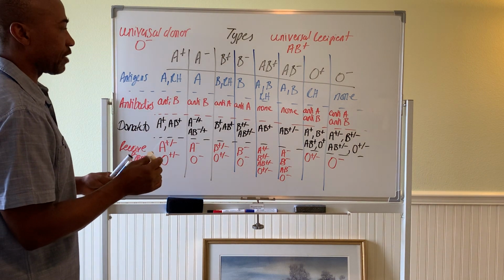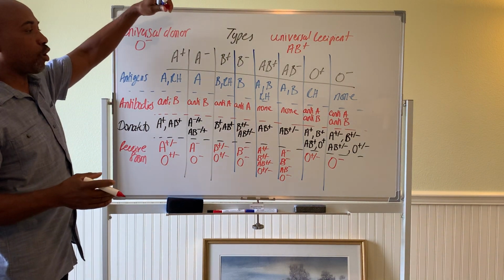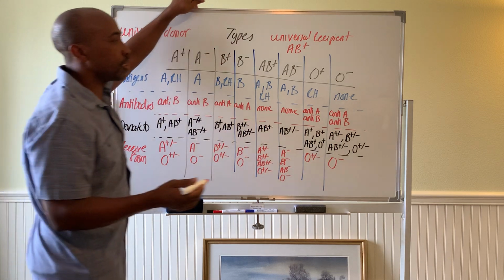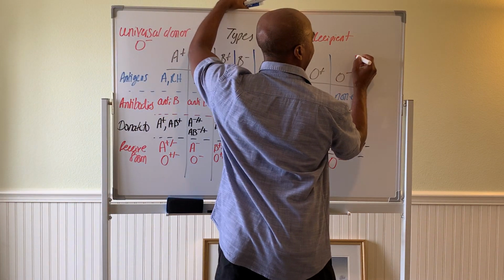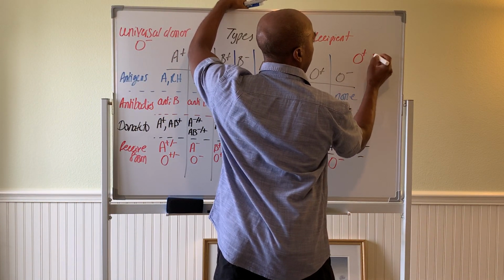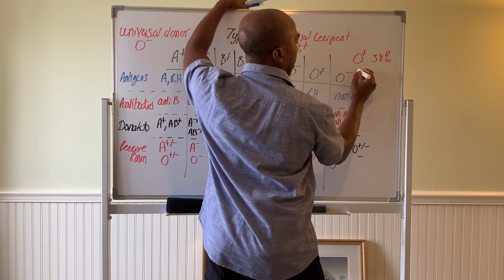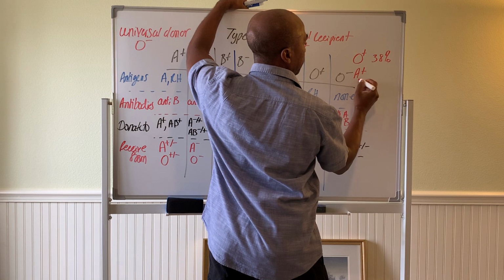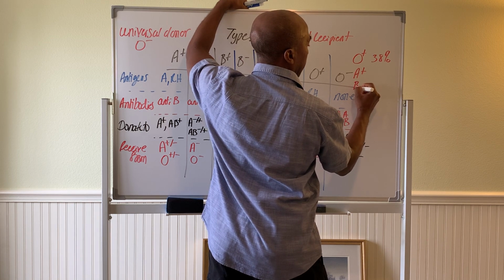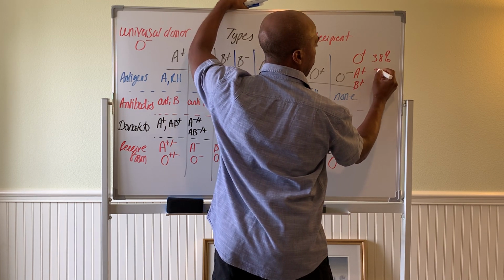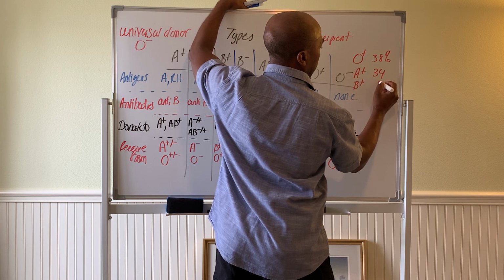Now let me also classify these in terms of how common they are in the U.S. population. The most common blood type is O positive at around 38%, followed by A positive at around 34%, and then B positive, maybe around 9%.